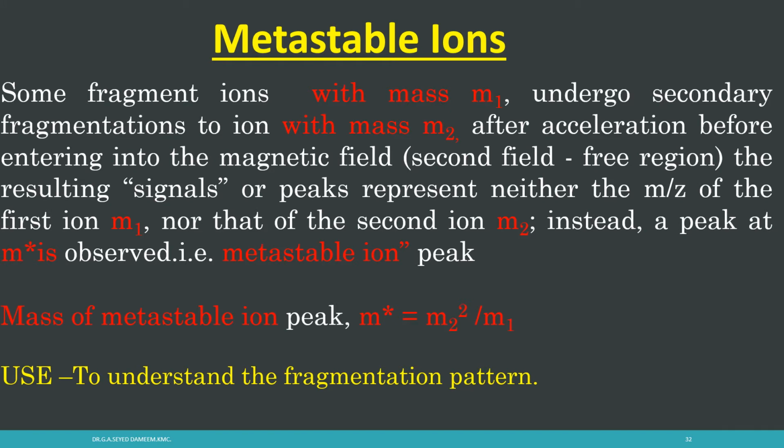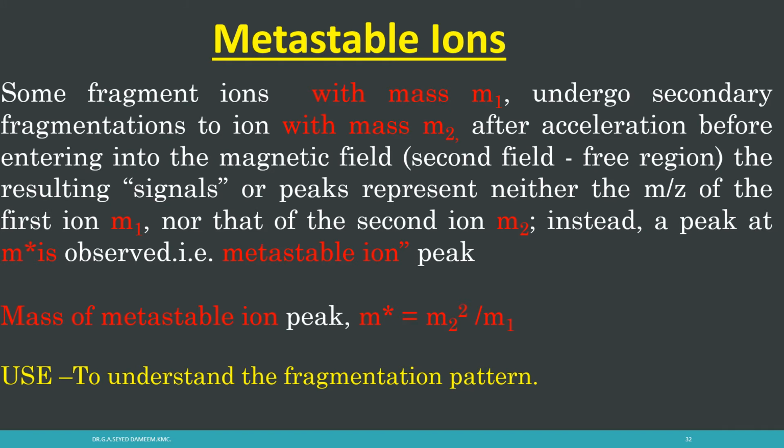Now consider the ion with mass m1 which enters the electric field with mass m1, and before entering the magnetic field, it is fragmented to another ion with mass m2. Then no peak is obtained with mass m1 or m2, and another peak is obtained with mass m star.